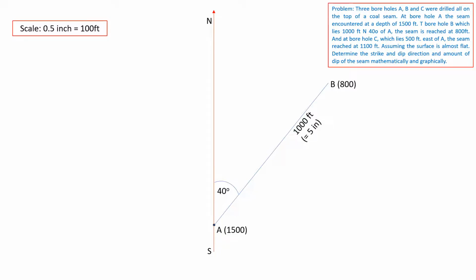In this case, according to our scale, it is equal to 5 inches, and mark the elevation of B. Again, measure an angle north 90 degrees at A and draw AC such that AC is equal to 500 feet, equal to 2.5 inches according to our scale, and mark the elevation of C and join BC.